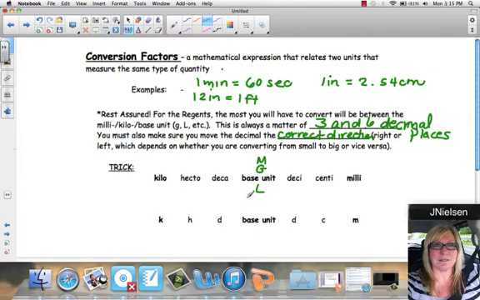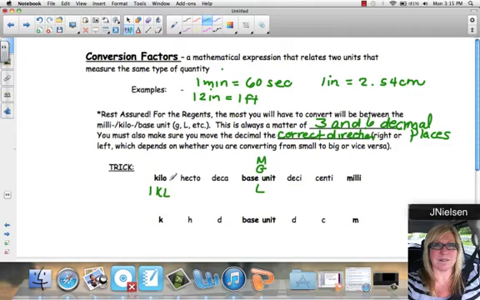So there's two ways we can look at this. If I have 1 kiloliter and I want to know how many liters that is, so I'm going from kiloliters to liters. So 1 kiloliter to liters.